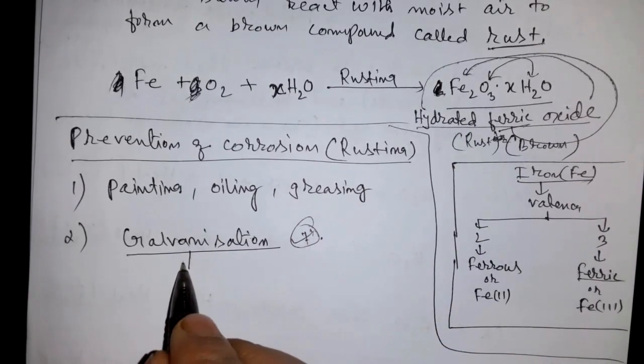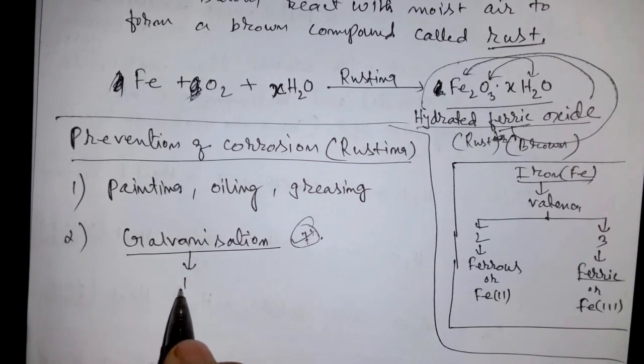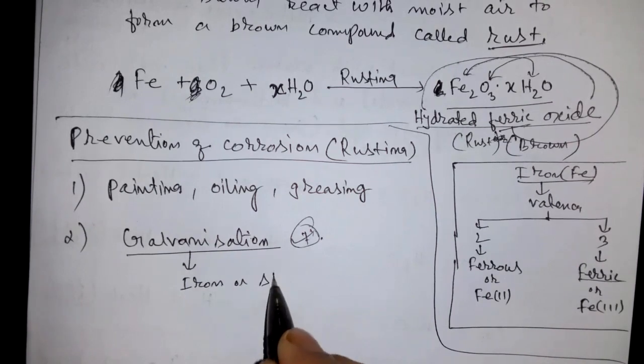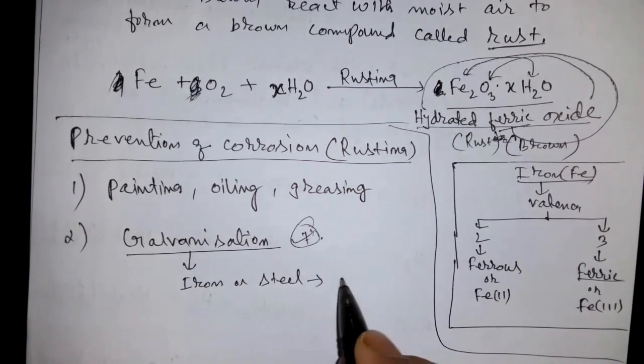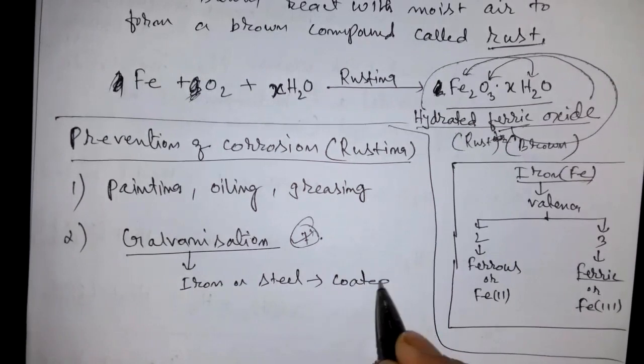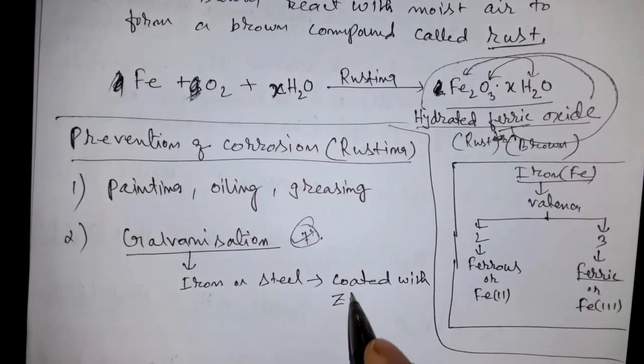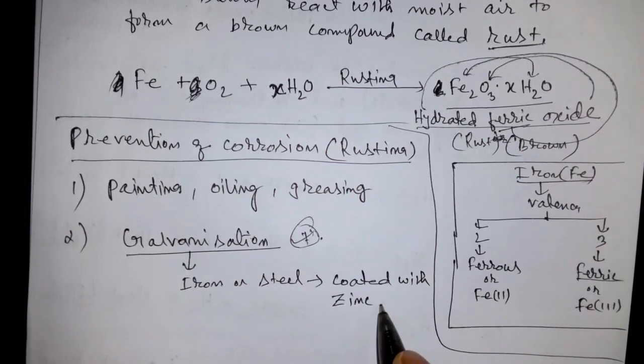So in galvanization, what we do, iron or steel is coated with zinc metal.